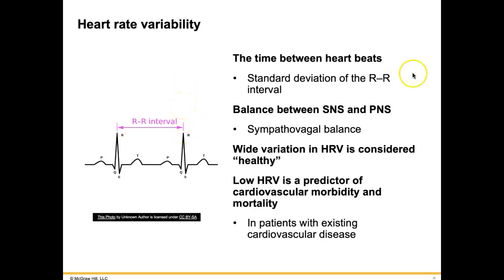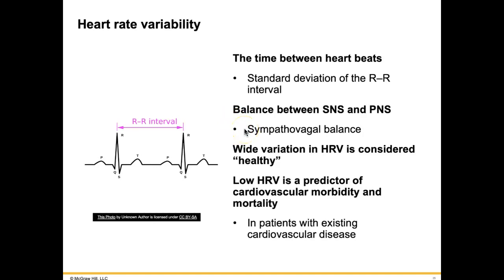And so the heart rate variability is then measured or calculated as a standard deviation of the RR interval that we showed over here. And this is a balance between our sympathetic and parasympathetic nervous systems, which we call the sympathovagal balance.